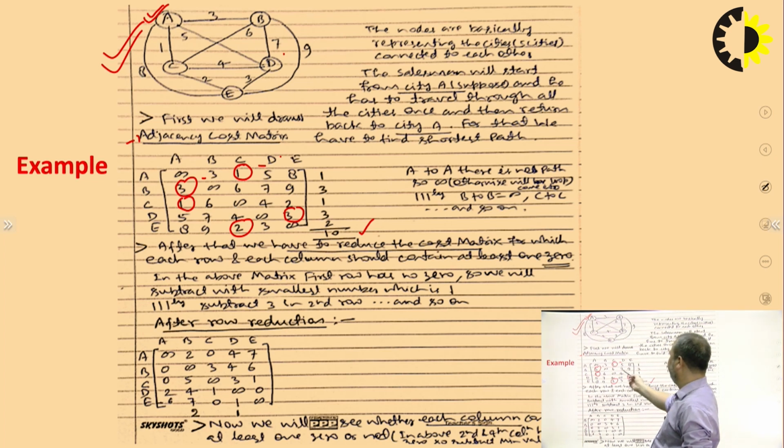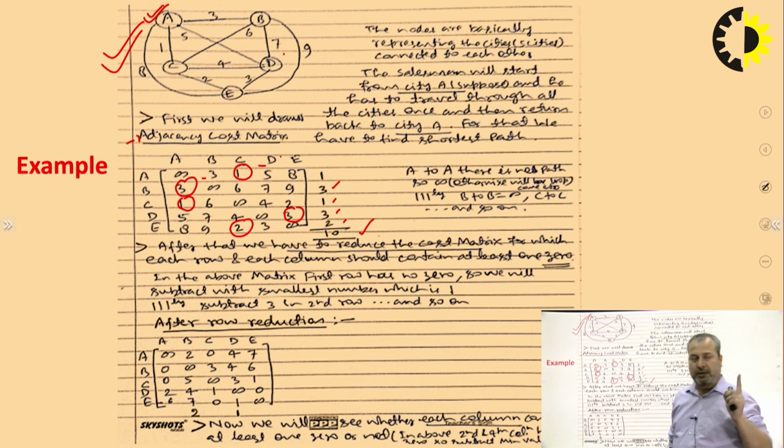Infinite minus 1 is infinite, 3 minus 1 is 2, 1 minus 1 will be 0. Similarly 5 minus 1 is 4, 8 minus 1 is 7. Similarly in the second, third, fourth and fifth rows, we will subtract these minimum elements. So we will get these elements. Again we will see the row reductions.